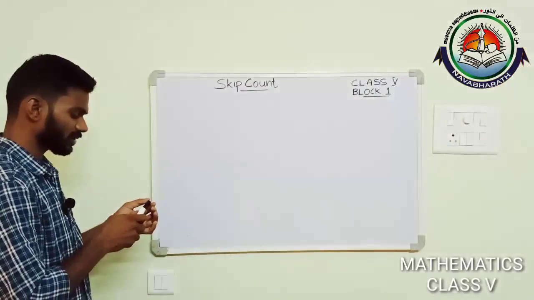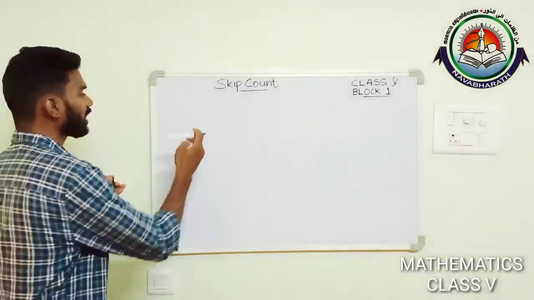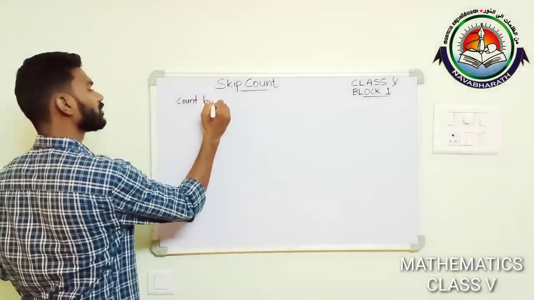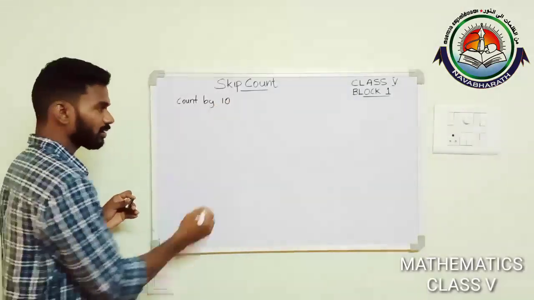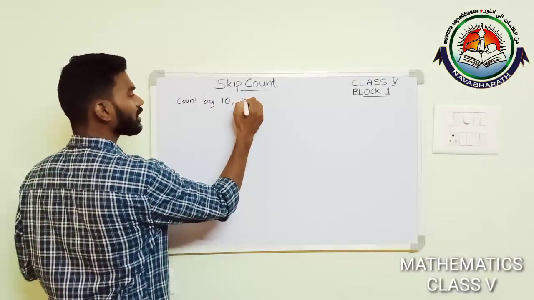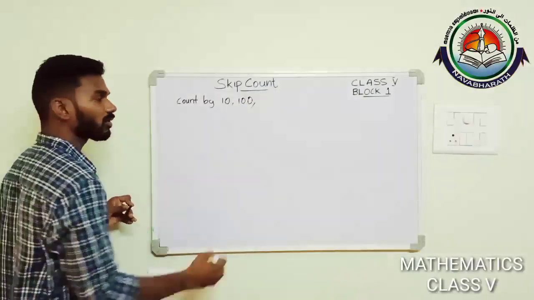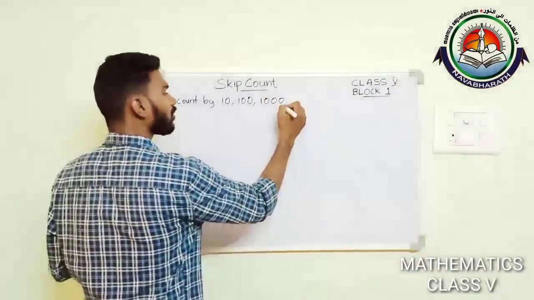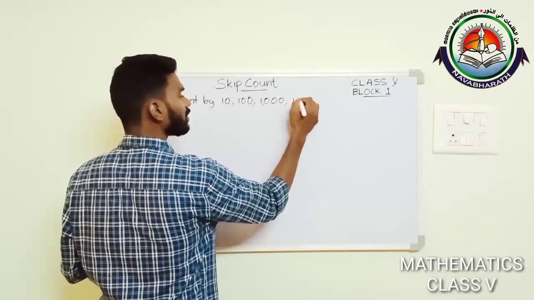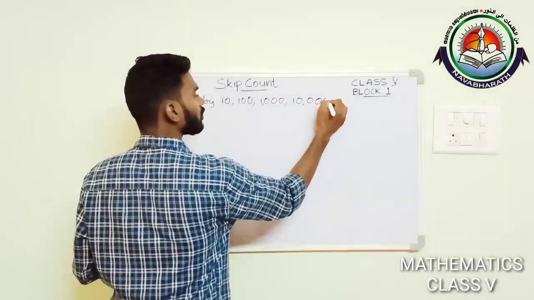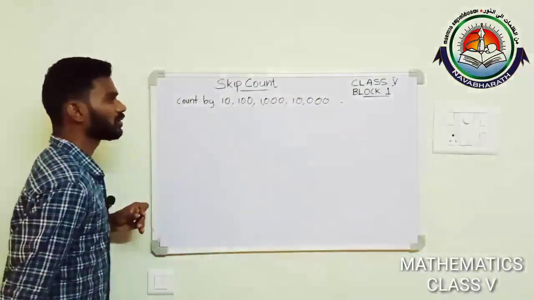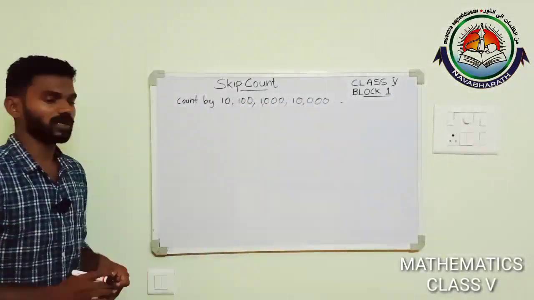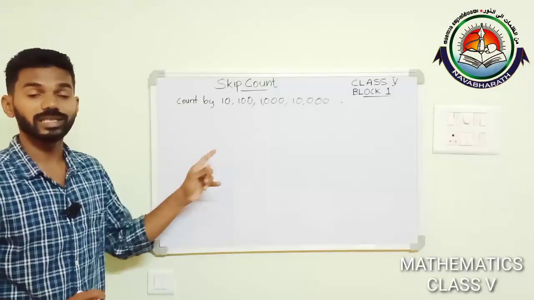We have to focus upon the skip counts like count by 10, or count by 100, or count by 1000, or count by 10,000, etc. So these are what we are going to discuss next.